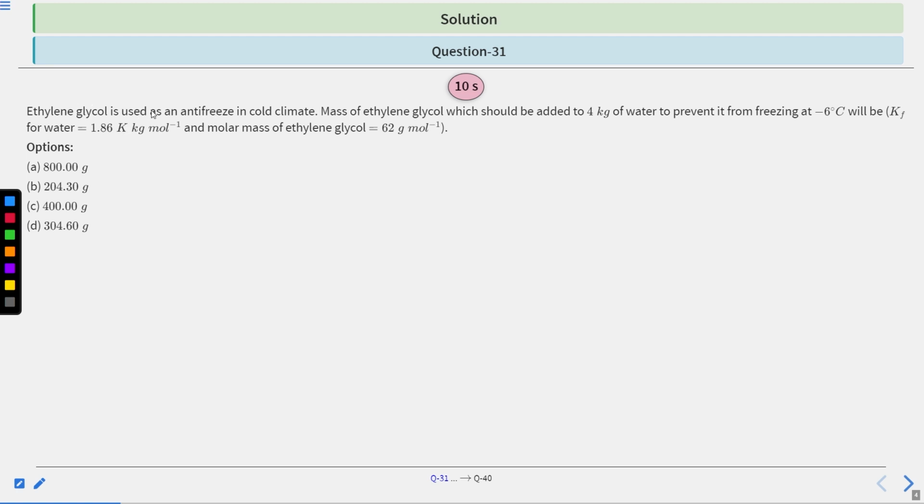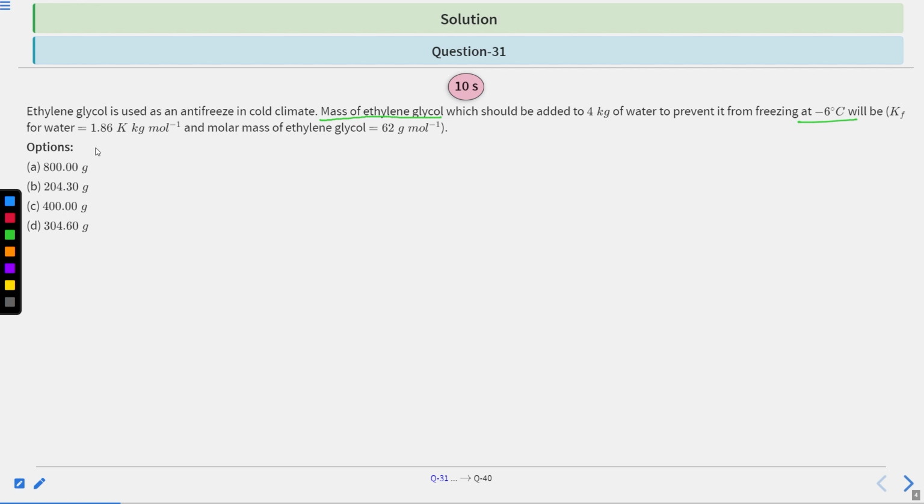Ethylene glycol is used as an antifreeze in cold climates. The mass of ethylene glycol which should be added to 4 kg of water to prevent it from freezing at -6 degrees Celsius will be? So we have to find out the mass of ethylene glycol needed to add to 4 kg of water to prevent it from freezing at -6 degrees Celsius.